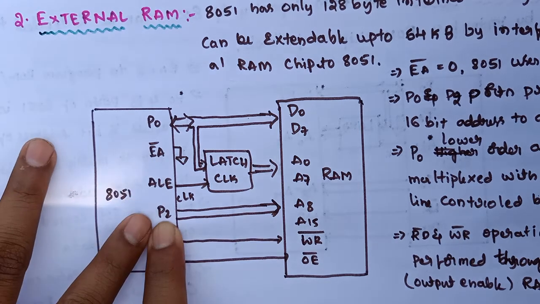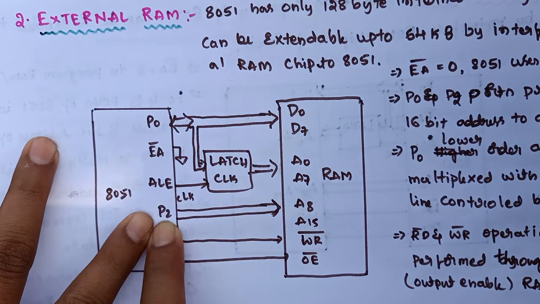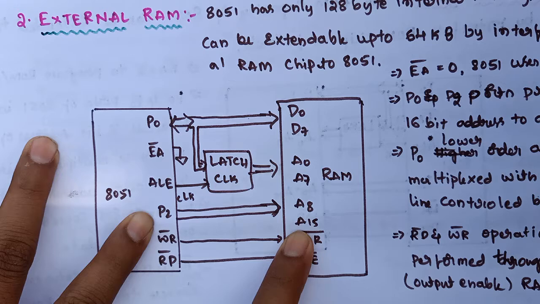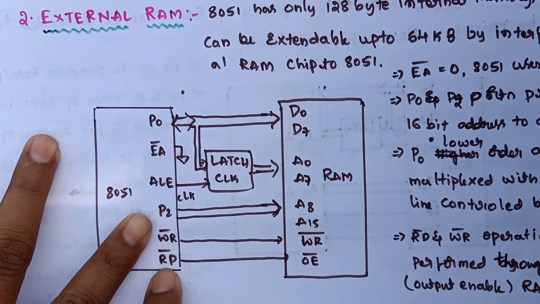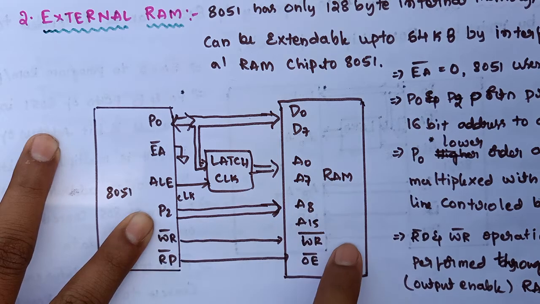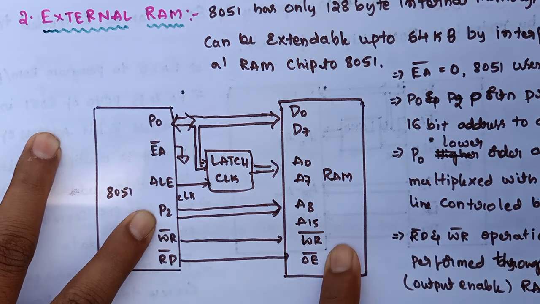At the same time, the P2 port is used to access the higher order address from A8 to A15, and read and write are the control signals of the RAM.